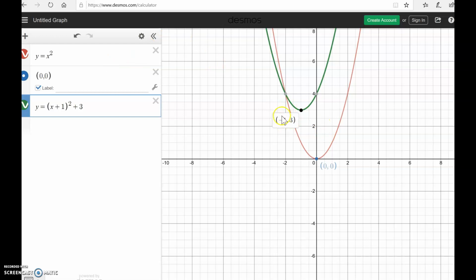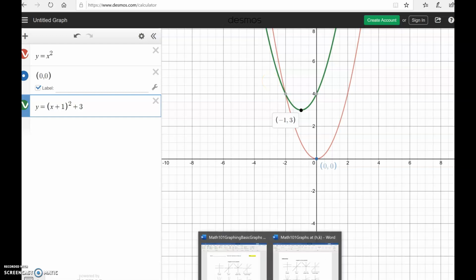So we're talking about this new reference point. Now, in order to find the new reference point, you're looking at what makes the parent graph 0, and then technically that 3 is going to be your vertical translation. So in a quick shortcut, we would have just started this one at negative 1, 3, and then not to scale, but we would have drawn a parabola opening upward.